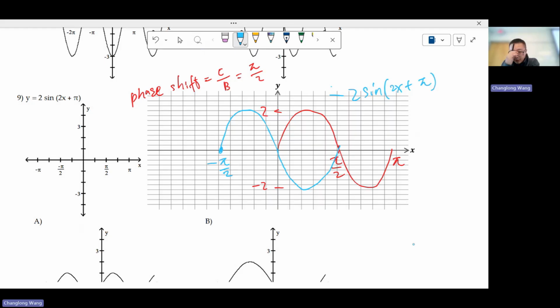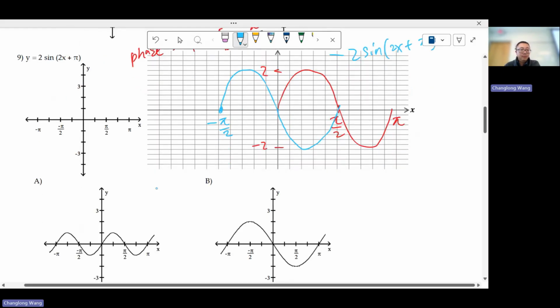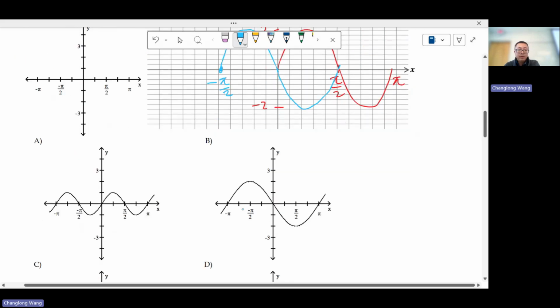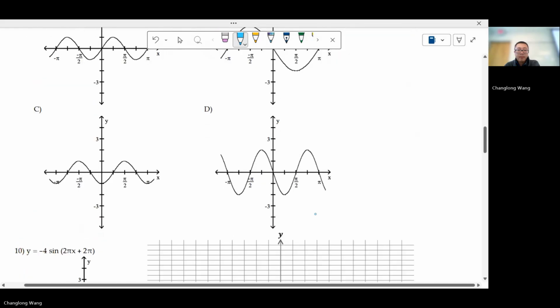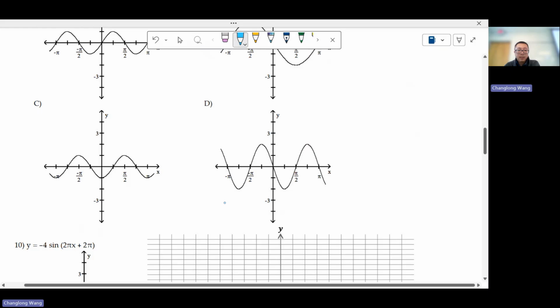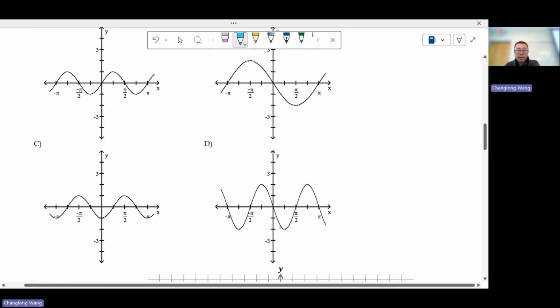Now, I'm saying that this is something that you only have to do if you do it by hand. But I hope that you can tell by looking at the period and amplitude right away to figure it out. Let's say it goes between 2 and negative 2, right? Look at this little d.